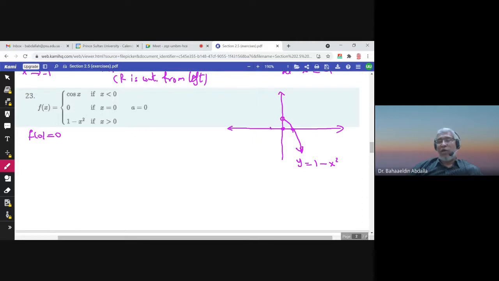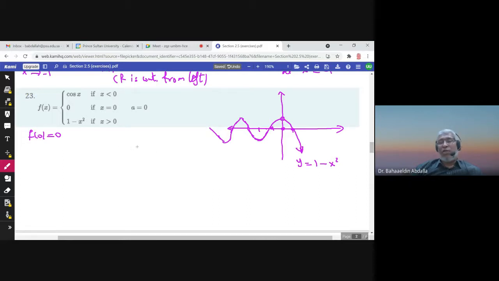If this is 1, then -π/2 is somewhat further left. At -π/2, it is 0. And you know the graph of cosine will continue like this. So it goes like this. So this is the graph of this function.